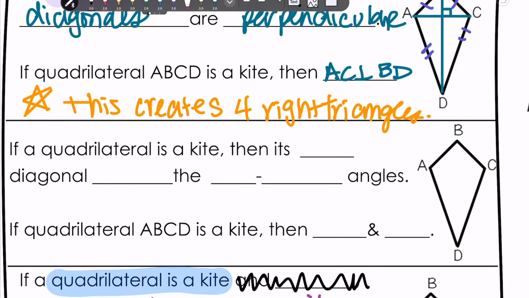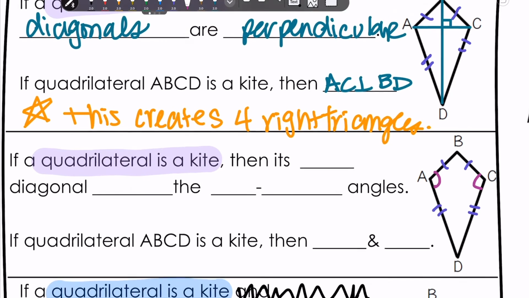If a quadrilateral is a kite, here it is again. So let's label it up. We've got two sets of consecutive congruent sides, and don't forget what we just put down, exactly one set of opposite angles that are congruent. And by the way, if you're wondering how did that third theorem happen?